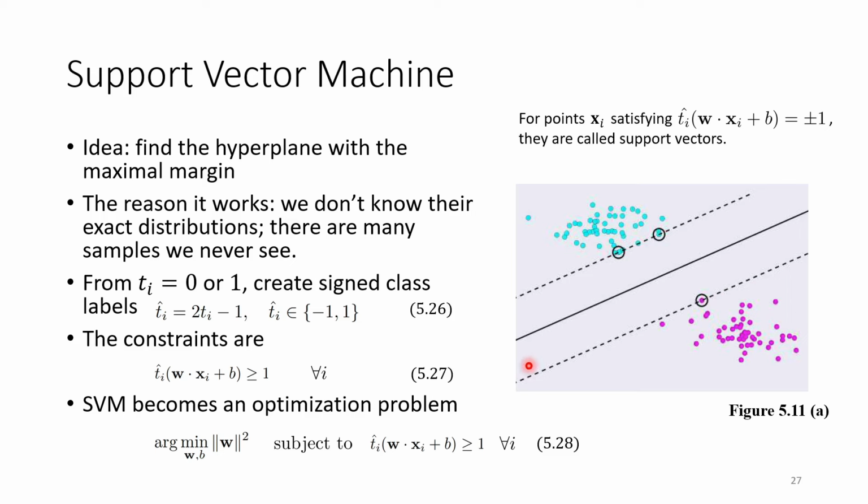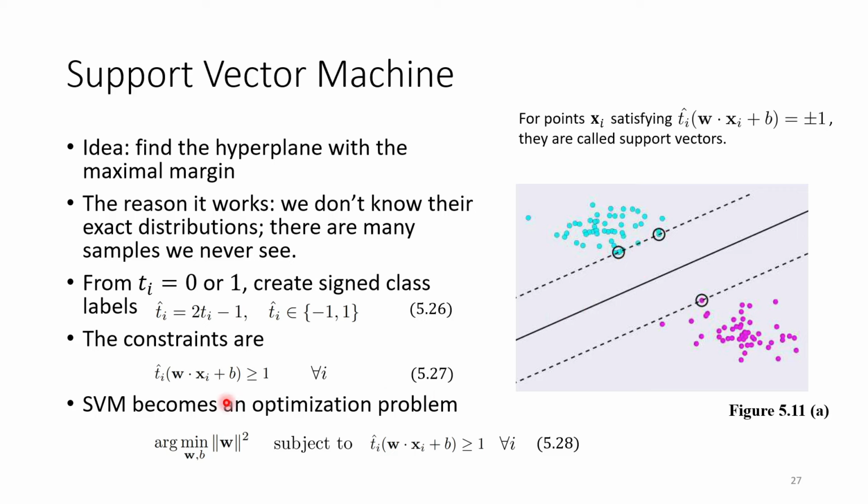The points on the boundary lines are called support vectors. That's the reason why this method is called the support vector machine: we are going to find the maximum margin between those support vectors.